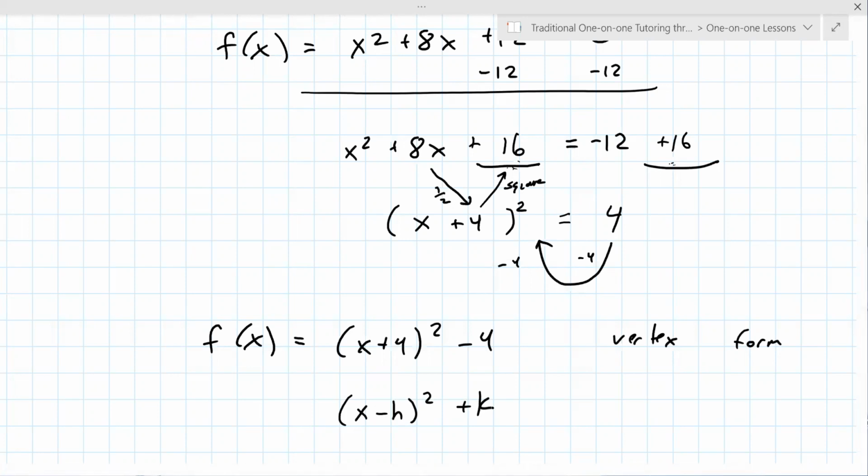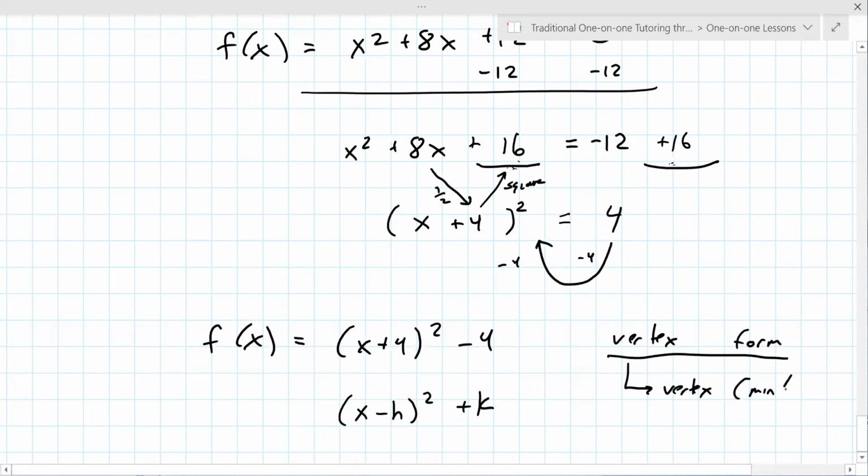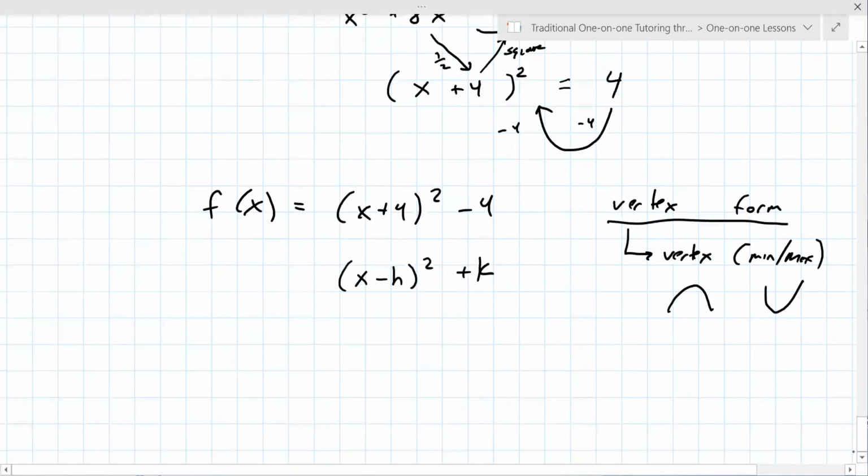So the vertex form, what it tells you, it's in its name, is the vertex. The vertex is the min or the max. It's either the top or the bottom. The hard thing here for students is that the vertex, this number inside parentheses, it's not 4, it's the opposite sign.